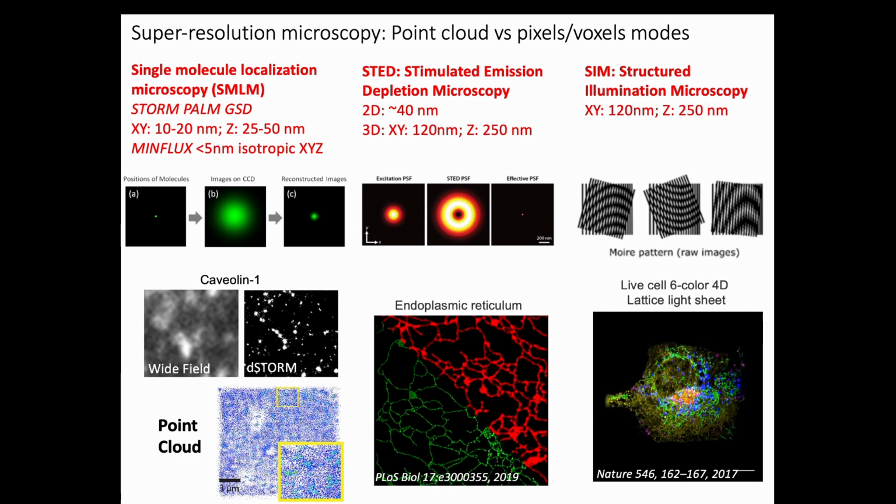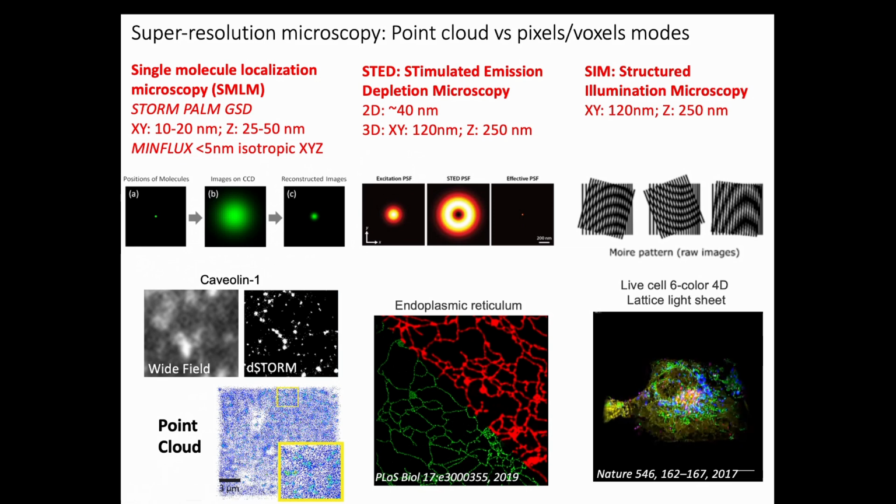The way SMLM works is that you have isolated fluorophores. And so if you have an isolated fluorophore, you'll have an isolated point spread function, and you can predict the localization of the molecule based on the centroid of the point spread function. What that means is that what we're generating when we apply SMLM is not really an image, but rather a point cloud, just a whole bunch of localizations in 3D space.